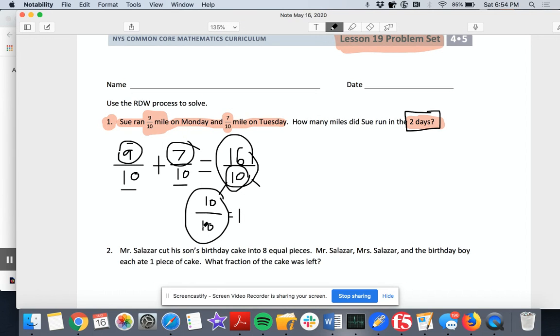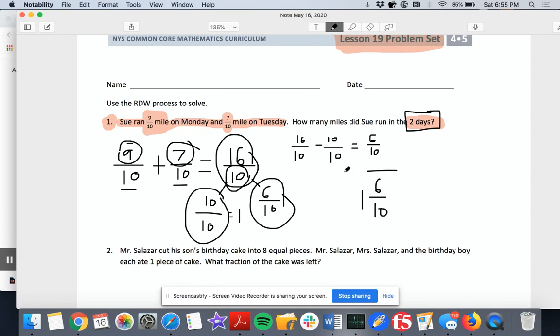And then if I subtract 10 over 10 from 16 over 10, what do I get? Well, we know that 16 minus 10 is 6, and then my denominator stays the same. So I am left with 1 and 6/10 as my final answer. 1 and 6/10 miles.